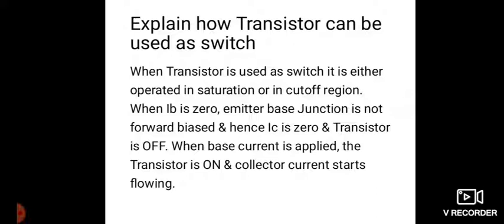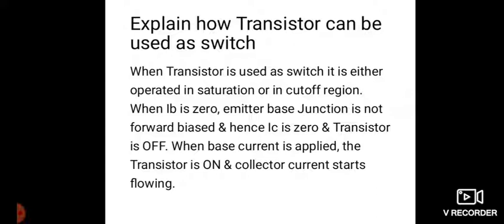In common emitter configuration, the output current IC is equal to beta into IB. Beta is the current amplification factor in common emitter configuration, IB is the input current, and IC is equal to beta into IB.